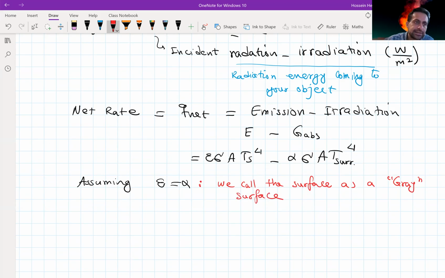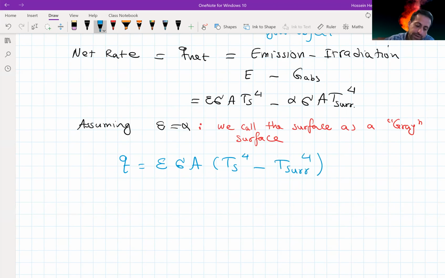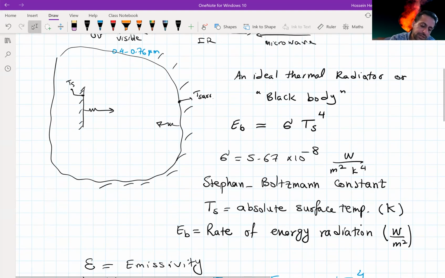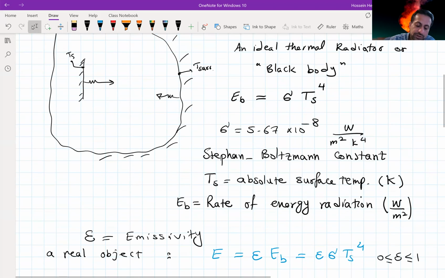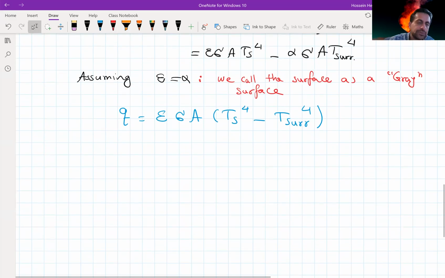So with that assumption, this is going to be essentially the equation that we are going to use for the net radiation for an object. Q is going to be epsilon sigma A, Ts to the power 4 minus T of surrounding to the power 4.